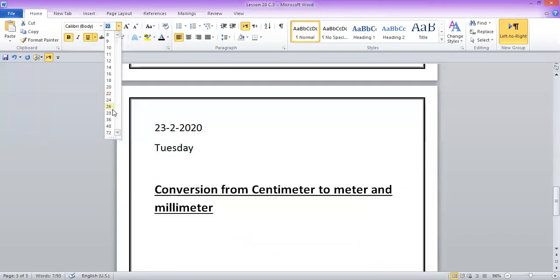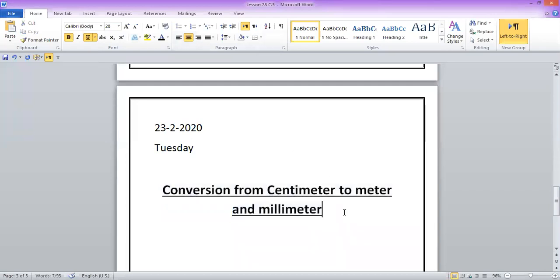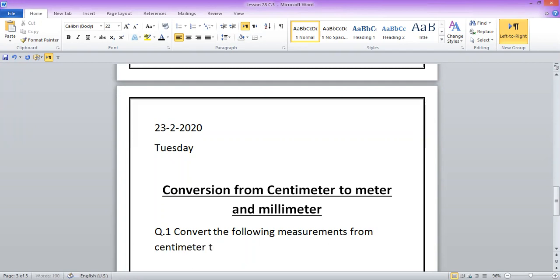Convert the following measurements from centimeter to meter and millimeter.